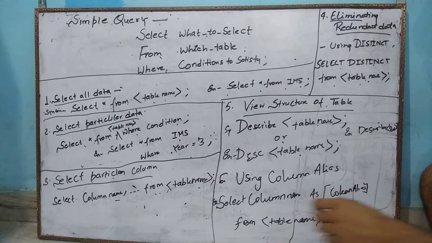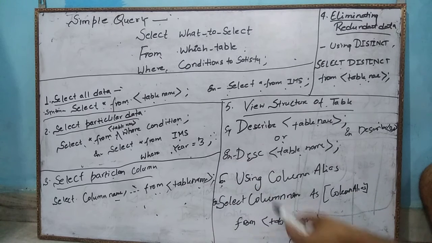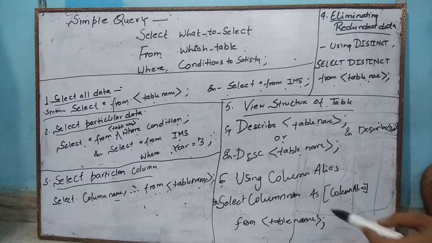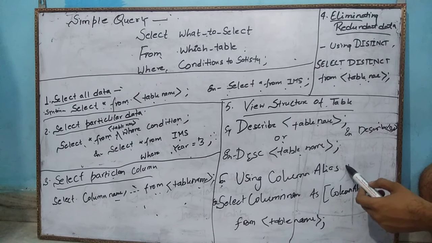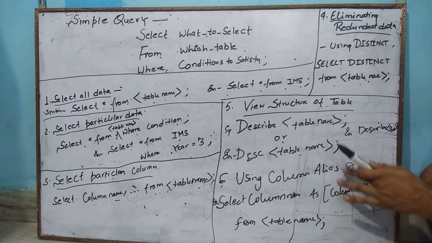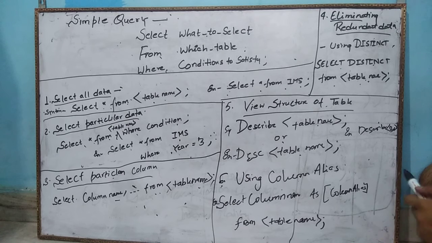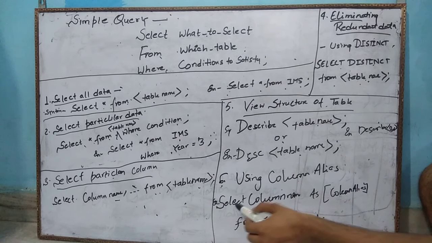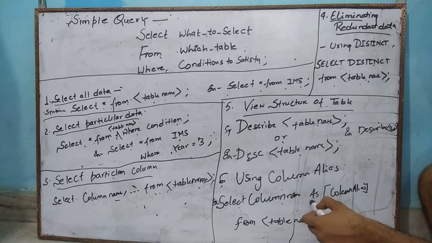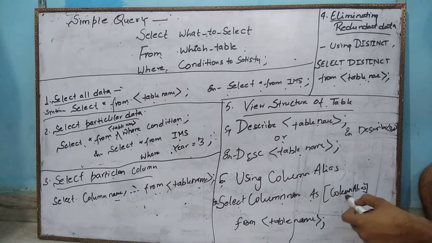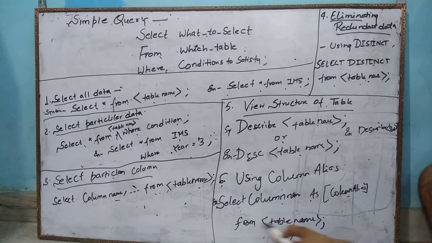Number six is using column alias. In column alias, we change the name of the original column to a new column name. For example, select column name as new column name from table name.